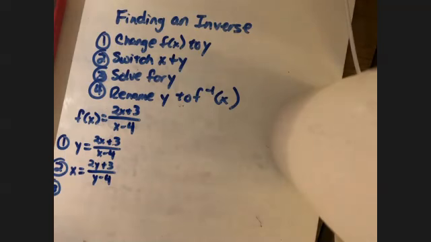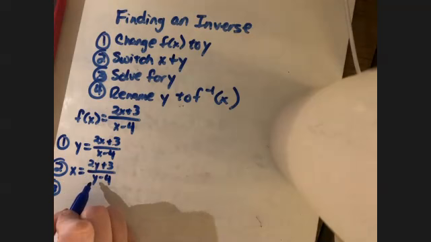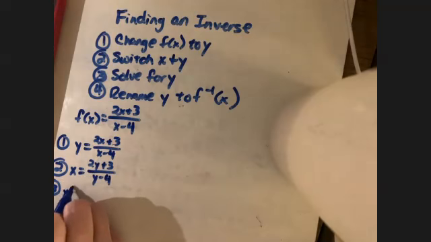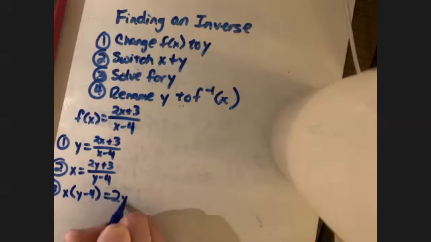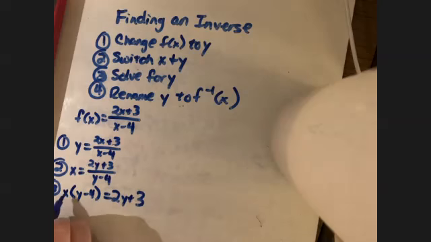Now, this first step does not seem like it would do us a whole lot of good, but right now I've got all the y's locked up over here, and there's no way for me to combine them together. So I'm actually going to multiply that denominator back over to the other side. So now I've got this. Right now, still the only way that I can move y's around is to distribute things around.